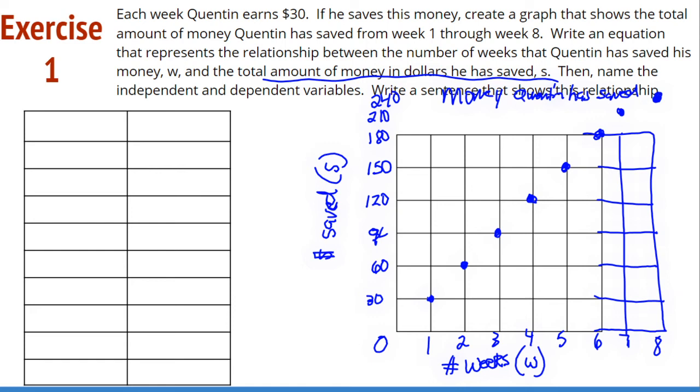I need an equation. Well, I'm going to move over to my table to help me with the equation here. I have the number of weeks, and his total amount saved is going to be 30 times the number of weeks. So there's my equation. So graph is done. I have an equation. I have named the independent and dependent variables.